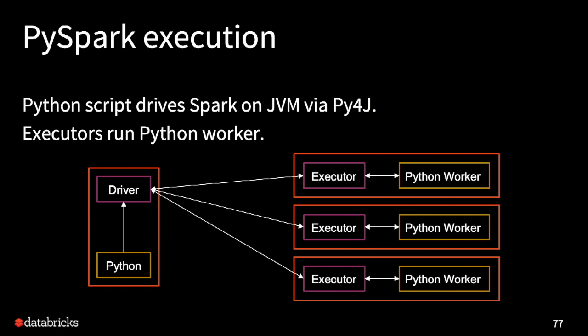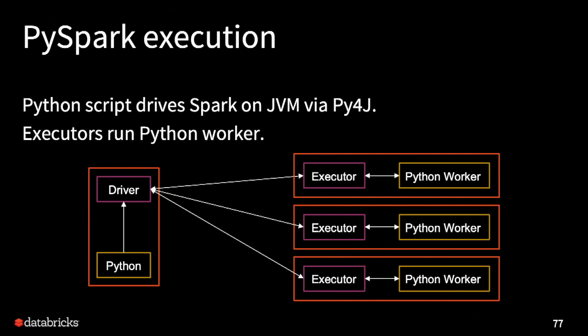So how do we run this thing? Now, this is getting back to the runtime aspect of it. So Python scripts, you run it on the driver side. And on the driver side, there's an external Python process that actually runs your Python script. And it sends these requests to the Java side of the driver.